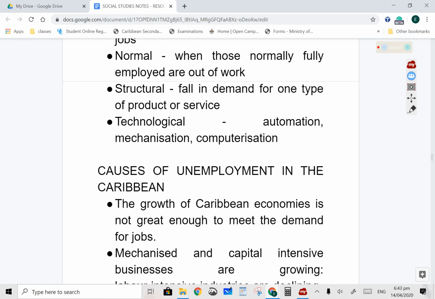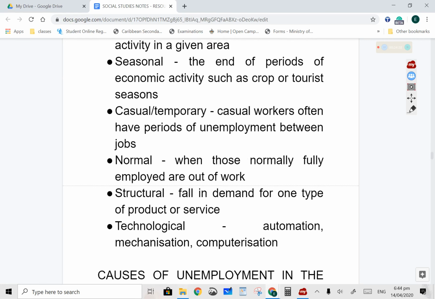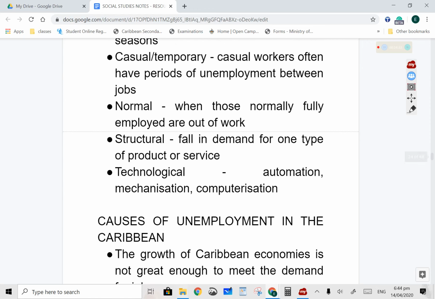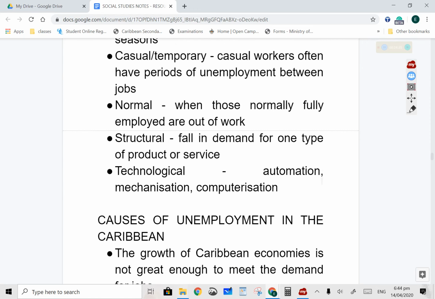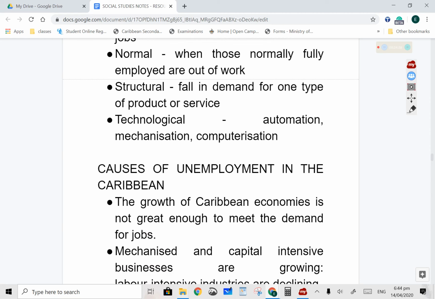Now technological unemployment is something that has been becoming popular within the last century or so, with the advent of mechanization, where human beings are being replaced by computers, machines, and automated machines, where sometimes you might need just one person to replace many people.